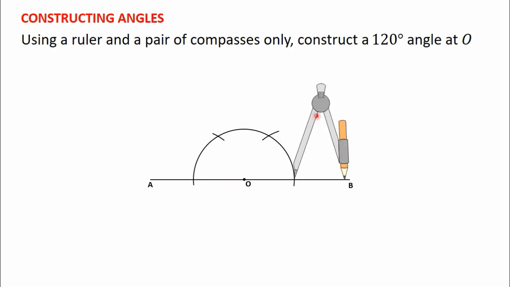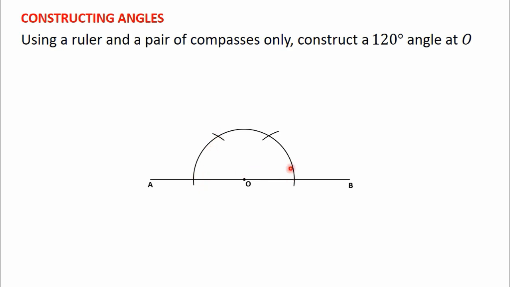We are now done with the compass, so I'm going to take it off. Now, by doing this, we have divided the semicircle into 3 equal parts. From this point to this point is 60 degrees. From this point to this point is 60 degrees. And from this point to this point is also 60 degrees.